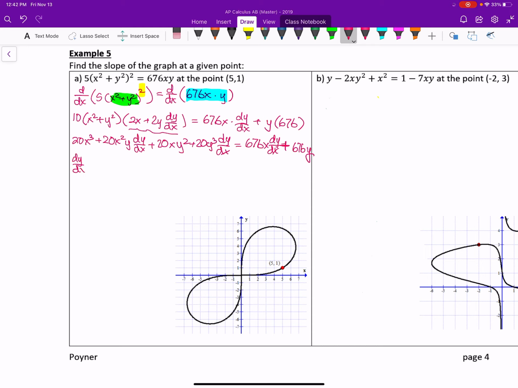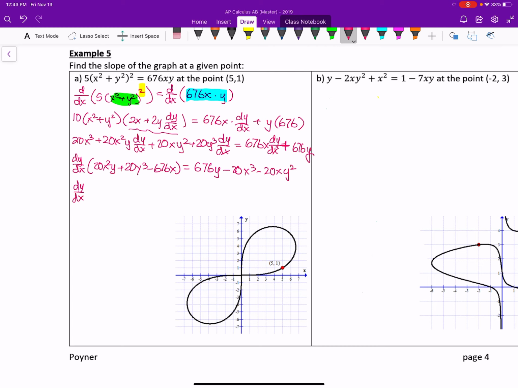So dy dx, all of the terms, I have 20x squared y plus 20y cubed minus 676x is equal to, then we have 676y minus 20x cubed minus 20xy squared.